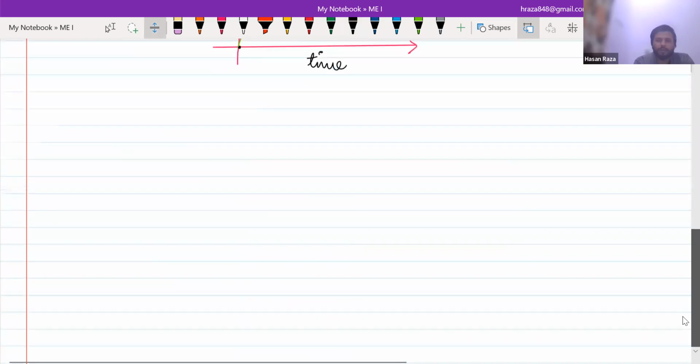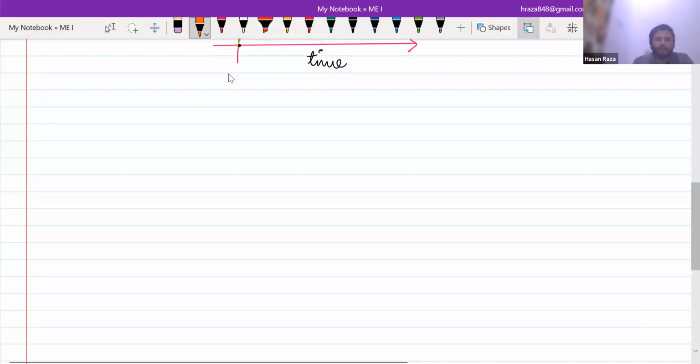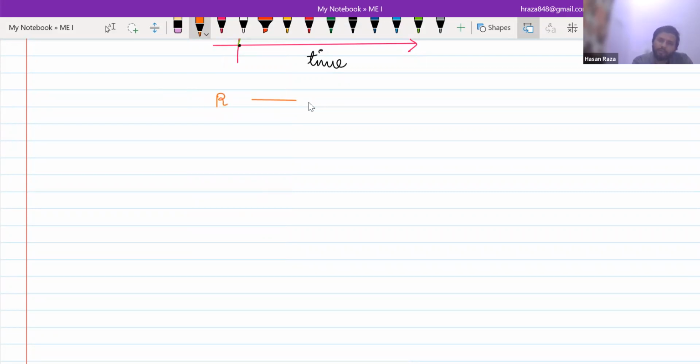Now see, we are going to deal with a reaction where reactant is converting into product. Alan, are you there? You just joined. So at t equals 0, you will have some concentration of reactant, but the concentration of product will be 0.